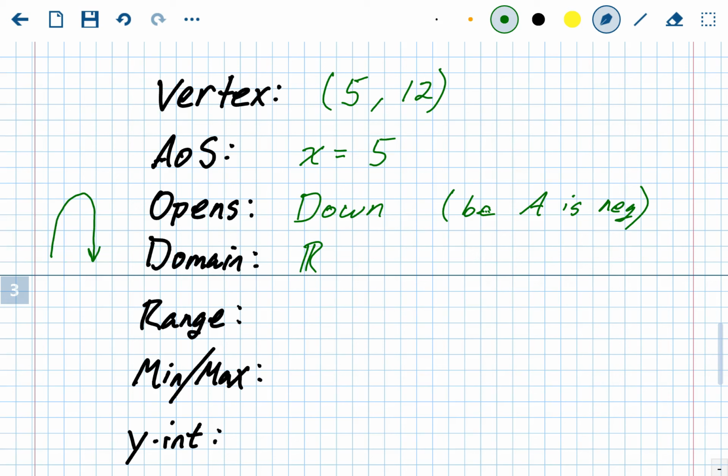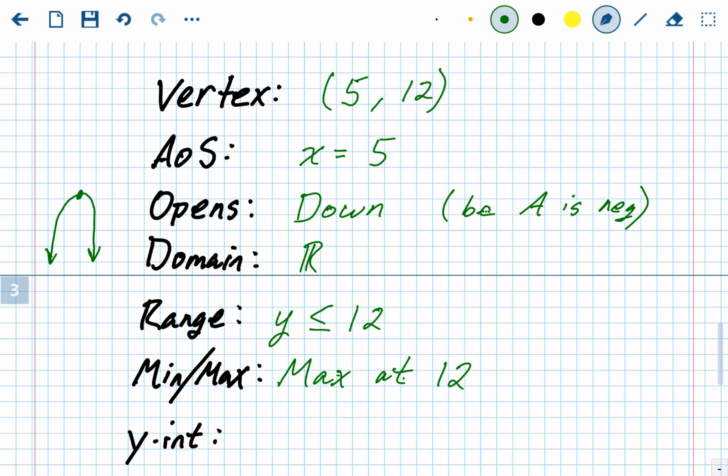It opens down, which means your vertex is going to be the highest point. So this graph is going to have a maximum. And where's the maximum at? Well, the maximum is always at the y value of the vertex. So 12 is going to be the highest point, which means for the range, all your other y values are going to be less than 12. So translate that into symbols: y values are always going to be less than or equal to 12.